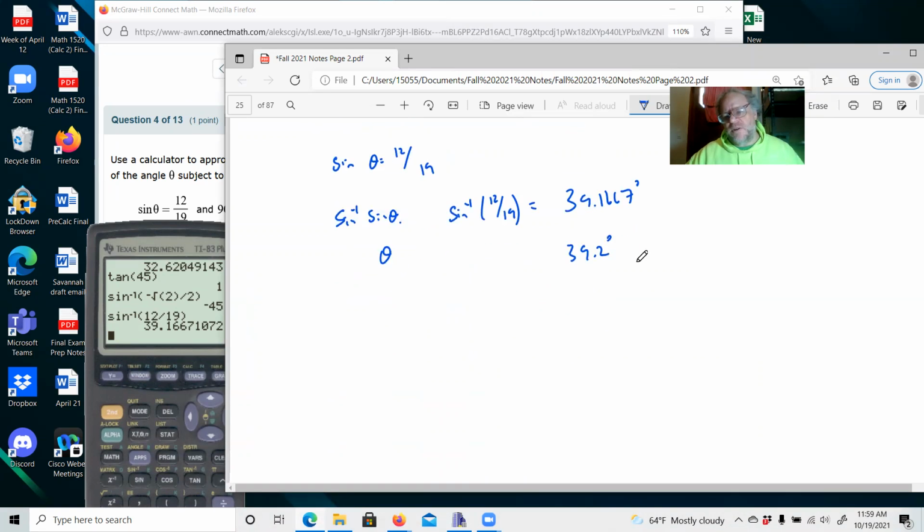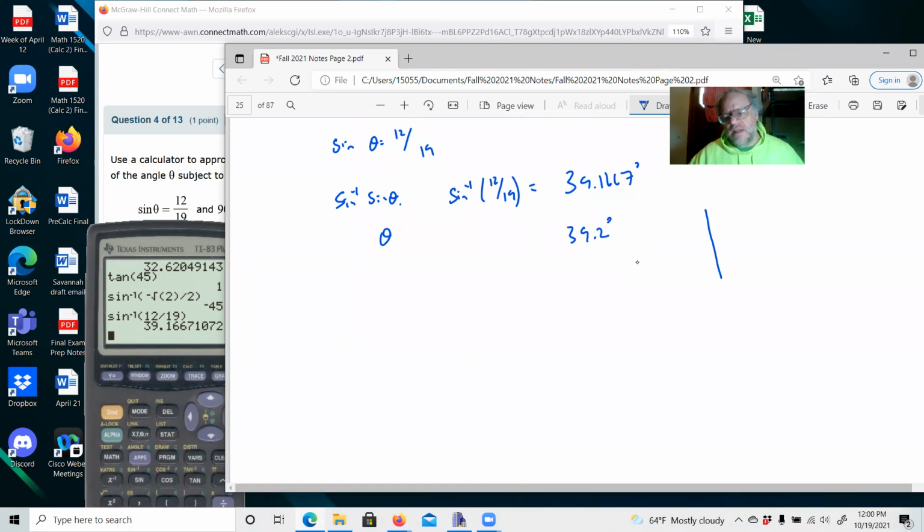And they said it has to be between 90, right? So here's the answer I got, somewhere around 40 degrees, 39.2 degrees. But they said it has to be between 90 degrees and 180. So it's got to be over here somewhere, right? How do I get this answer? Well, what if I take 180 minus 39.2 degrees?